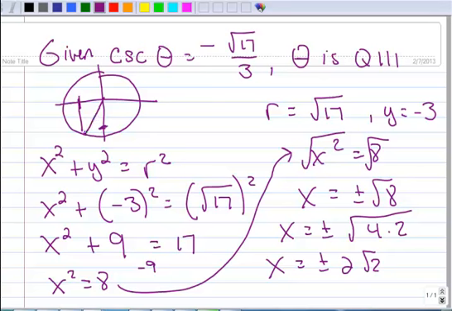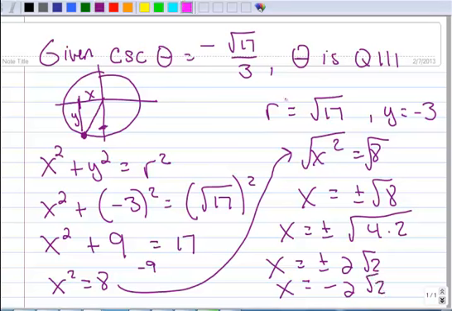See, x is in the negative direction, y is in the negative direction, so I end up in quadrant 3. So therefore my x is going to be negative 2 times the square root of 2.